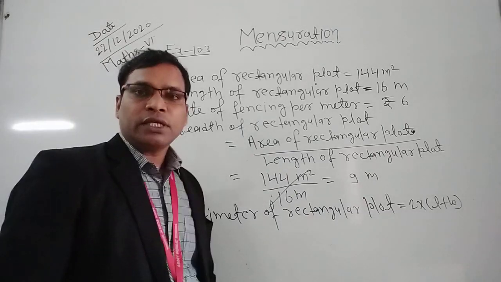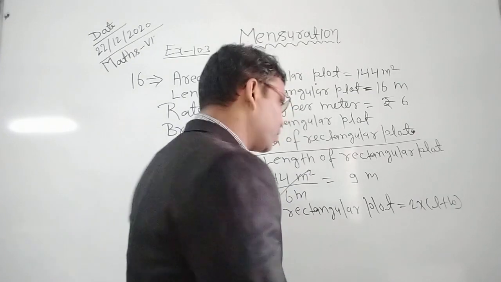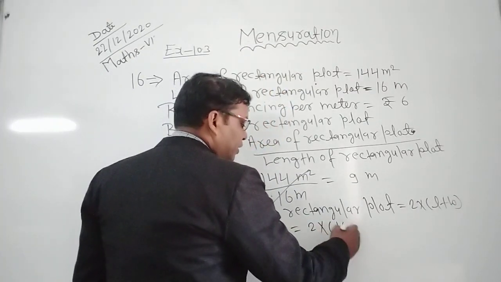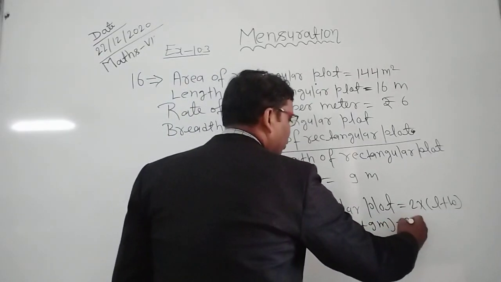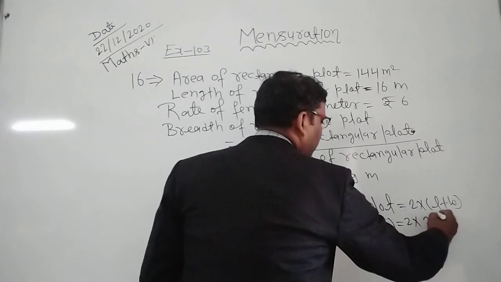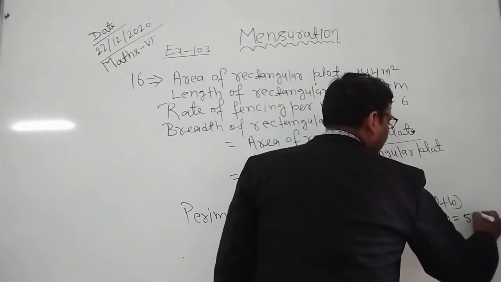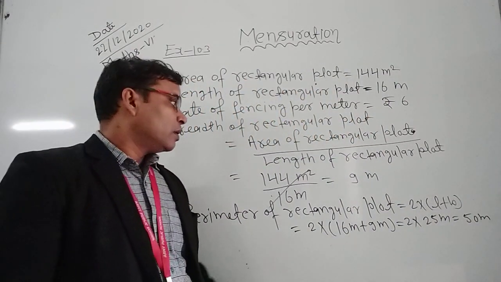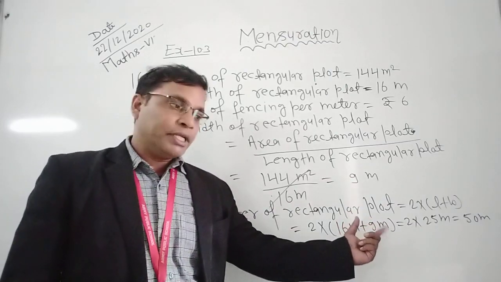So length is given here 16 meter and the breadth is 9 meter. So you can write here 2 into 16 meter plus 9 meter. This is equal to 2 into 25 meter. This is equal to 50 meter. So we find the perimeter of rectangular plot is 50 meters.